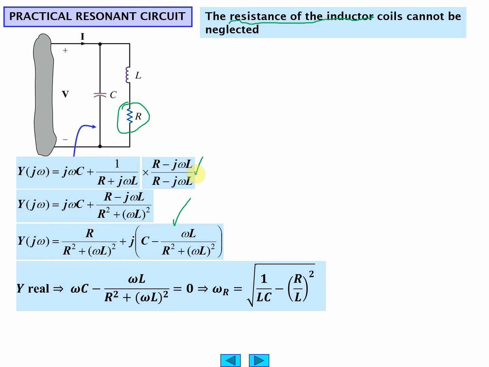You want to make, at resonance, this stuff equal 0. Okay, so you find out what it is, and you solve for omega. So omega at resonance is given by this formula here. It's pretty easy to invert this equation.